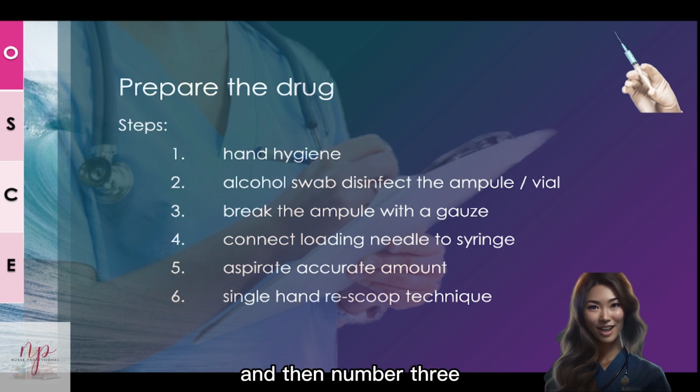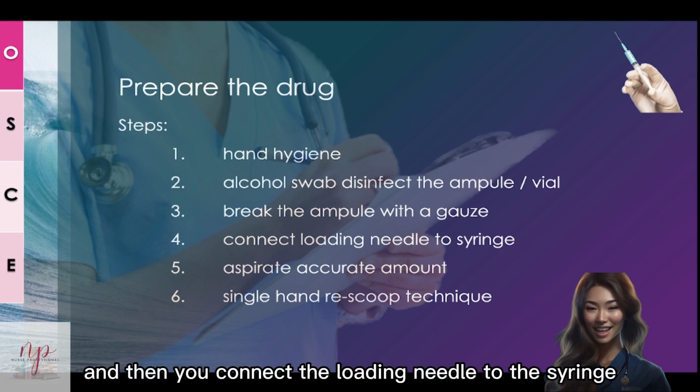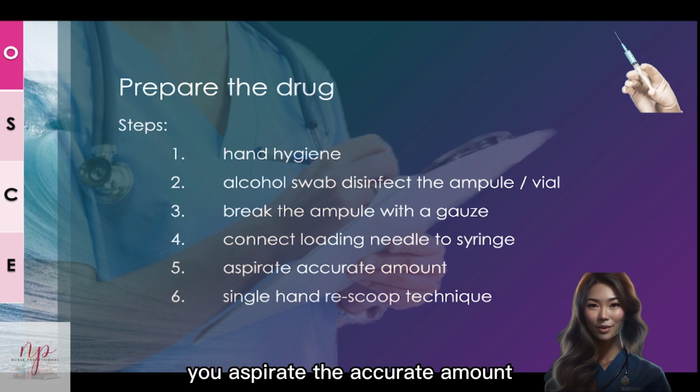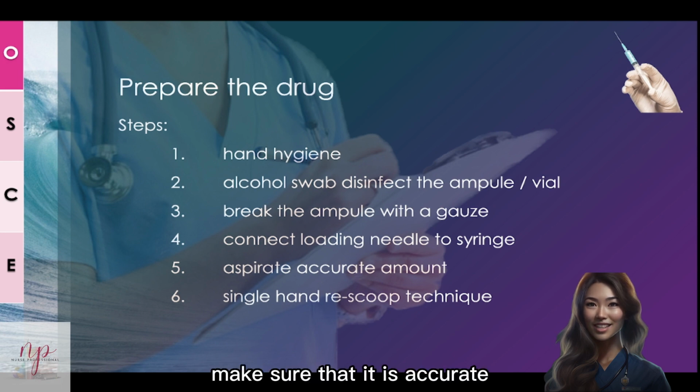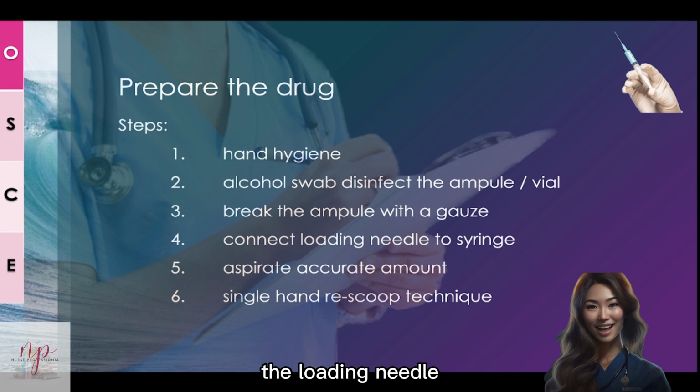And then number 3, you break the ampoule with a gauze. And then you connect the loading needle to the syringe. And then number 5, you aspirate the accurate amount. Make sure that it is accurate. And then number 6, because at point number 4 you are using the blunt needle, the loading needle, now you need to recap it.